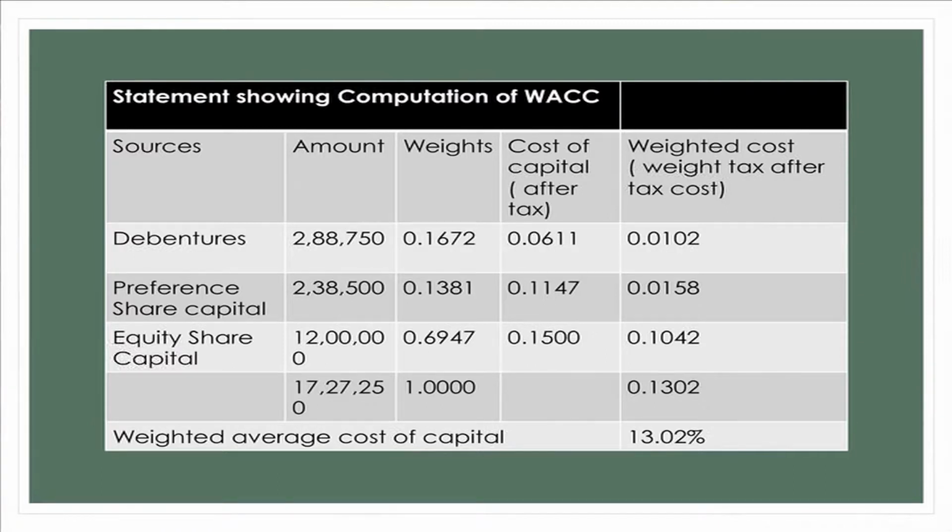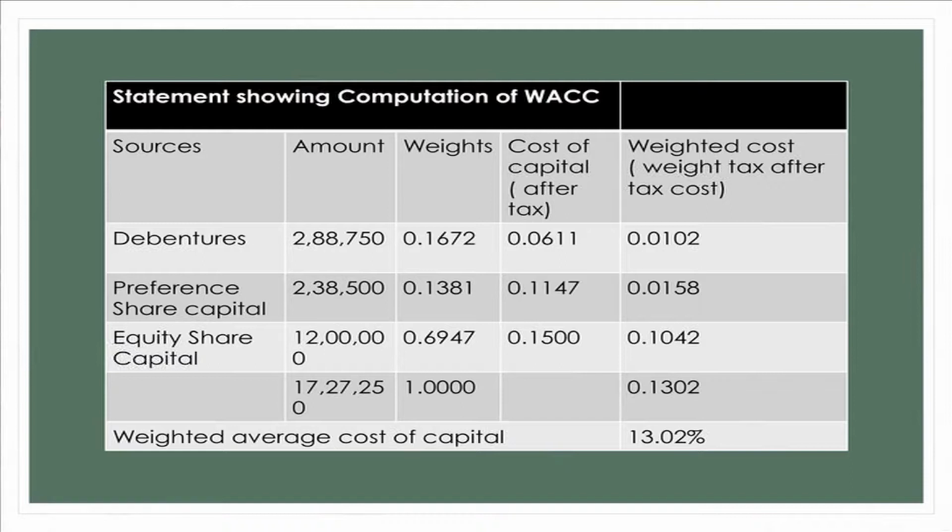So, we will assign the weights to debentures as 288,750 divided by 1727,250. It will give the value as 0.1672. Similarly, preference shares will be given the value as 0.1381 and equity shares as 0.6947. Total of the weights should come as 1.